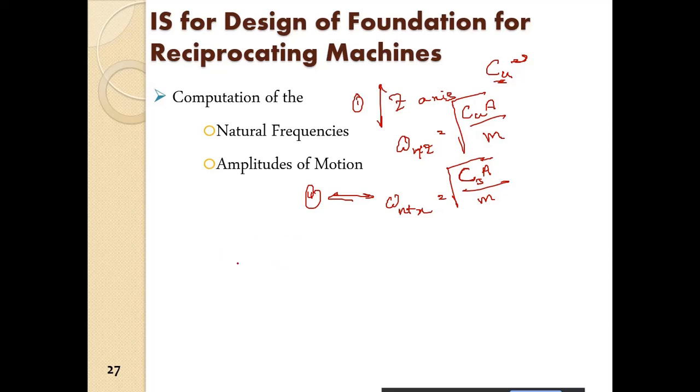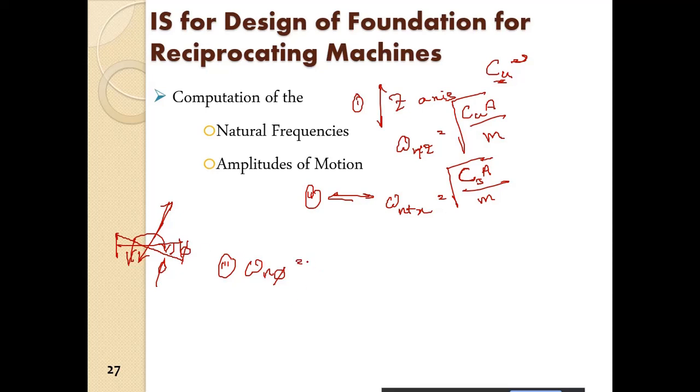Number three, rotation about the y-axis. This is the rocking motion. For that we have omega n phi. So for rotation about this axis, we have phi rotation.